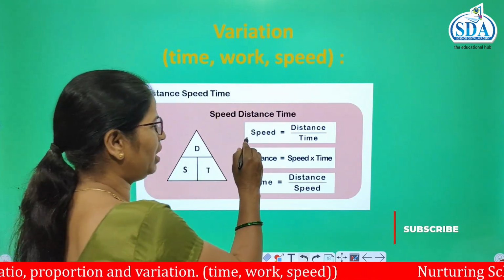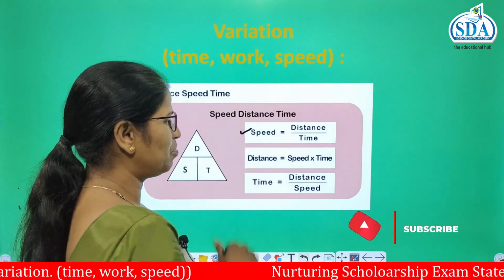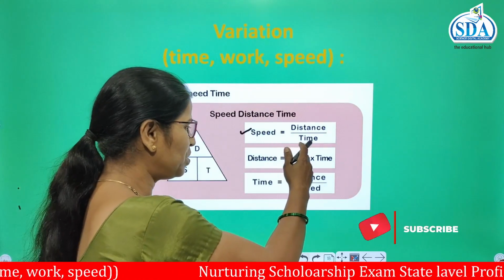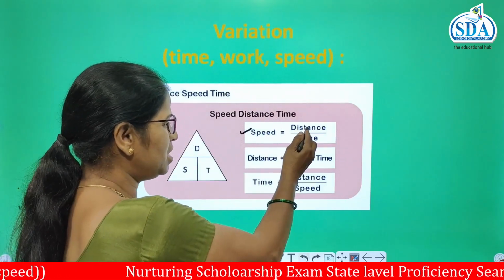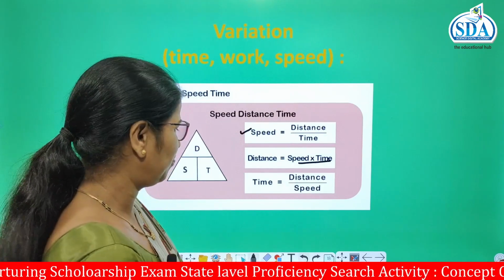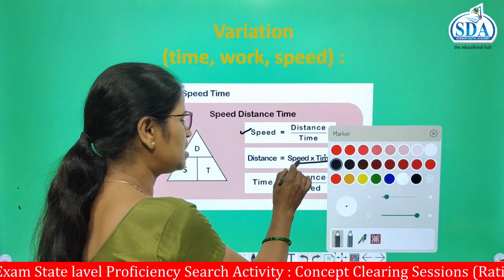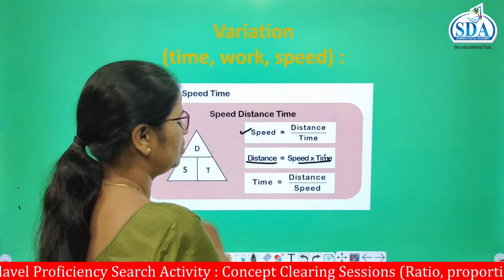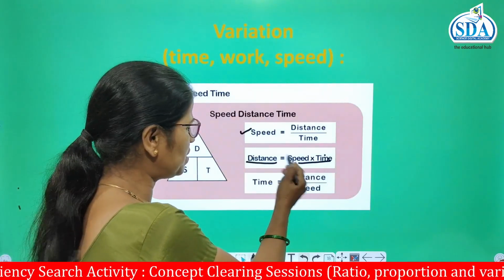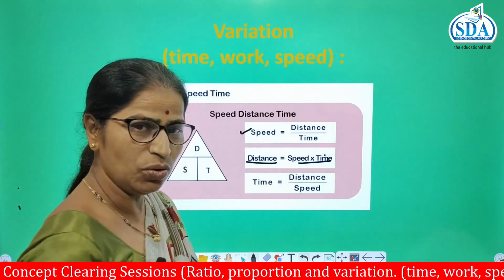If we have to find the speed, there is a formula distance upon time. And from this formula, we can find distance by taking the product of speed and time. And if we have to find the time, then we transfer speed to the other side. Therefore, distance upon speed is equal to time.